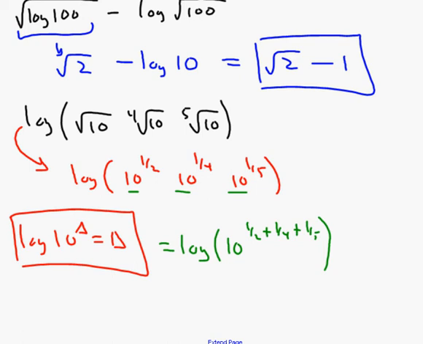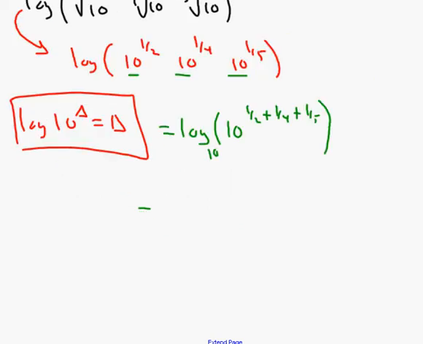Okay? Which, according to the triangle rule, the silly question, this is really saying, what power do I put on 10 to get 10 to the 1/2 plus 1/4 plus 1/5? Well, the answer just has to be 1/2 plus 1/4 plus 1/5. Here comes the hardest part of the question. You have to add fractions, which nobody likes, because you have to get common denominators and things like that.